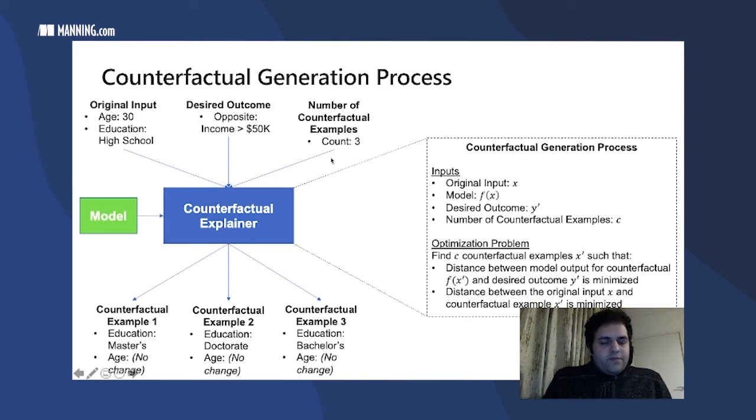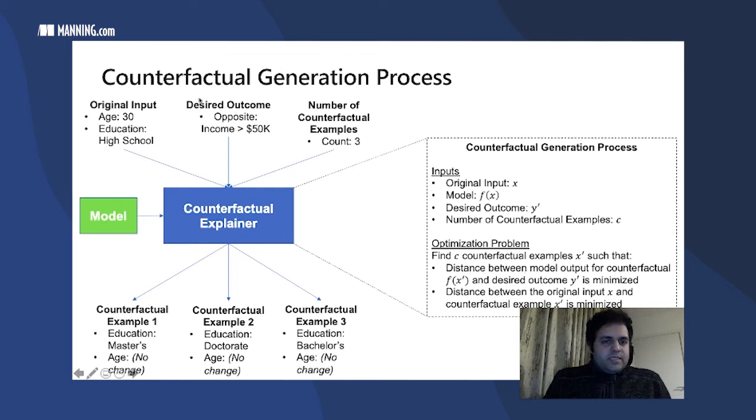Now, the idea for the explainer is to essentially come up with examples, or changes to this input, that would actually cause this outcome, or would change the outcome from what was actually predicted to the desired outcome for that user. And the optimization problem is essentially coming up with examples such that the distance between the model output and the desired output is minimized.